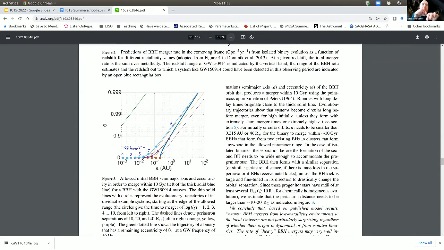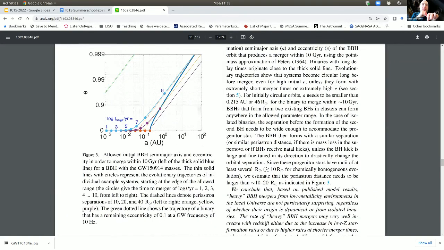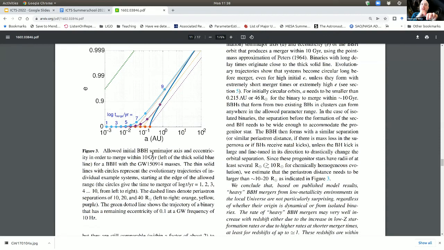Okay, semi-major axis A, and eccentricity in order to merge within 10 gigayears, right? So roughly the age of the universe, is this thick blue line for a binary black hole with 15 and 14 solar masses, so 30 plus 30, roughly same masses. Thin solid lines with circles represent the evolutionary stages of example systems, so how long it takes from these different lines. The dashed lines are separations of 10, 20, and 40 solar radii.